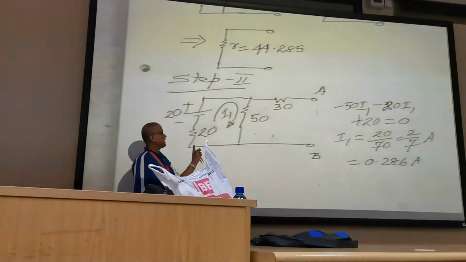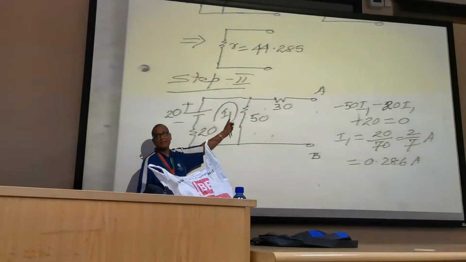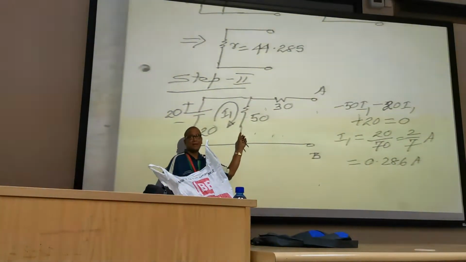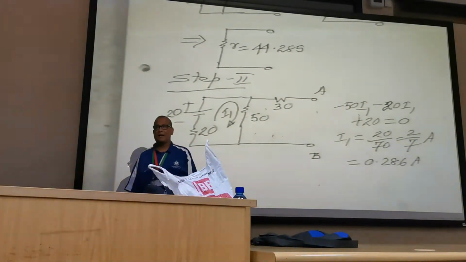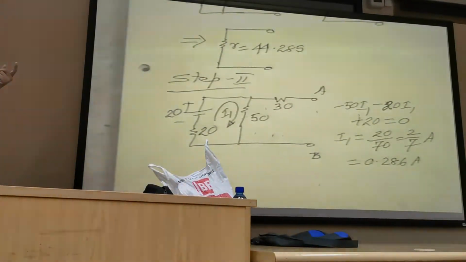Here also we are going along the direction of the current. Sir, how do you know that we are walking along the direction of the current? This is the direction of the current. If you walk from there to there, are you along the direction or against the direction of the resistance current? This is loop 1, I1.